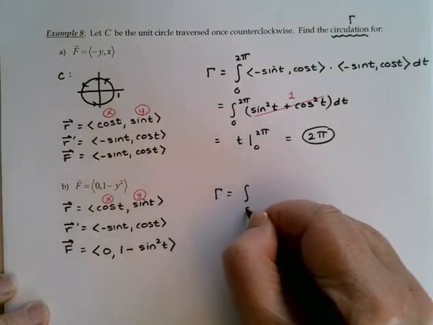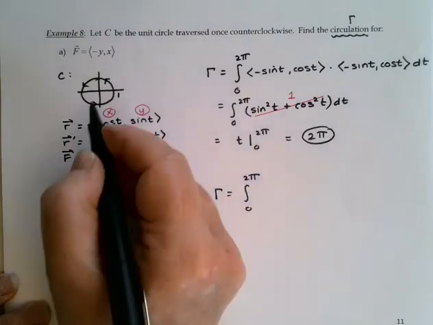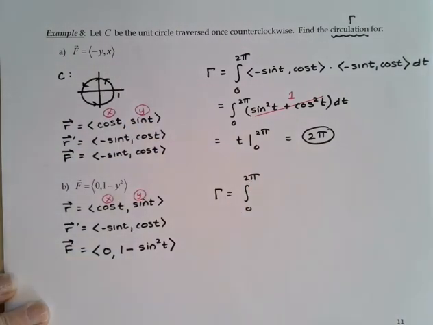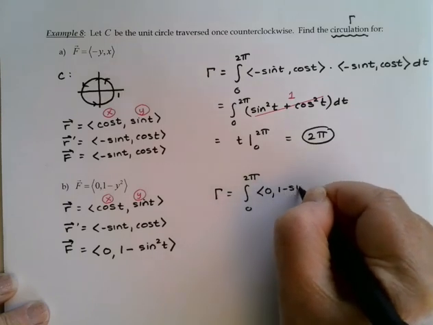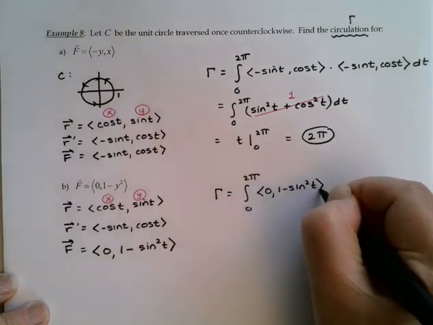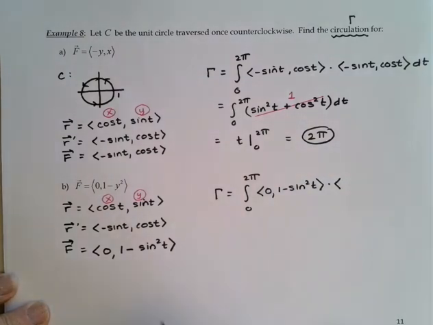So my circulation integral is once again going to go 0 to 2 pi. I didn't draw it again because it's the same path of F dot product with r prime.